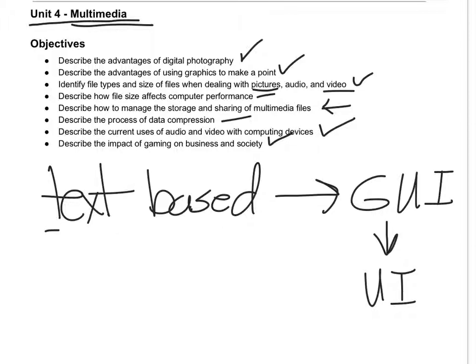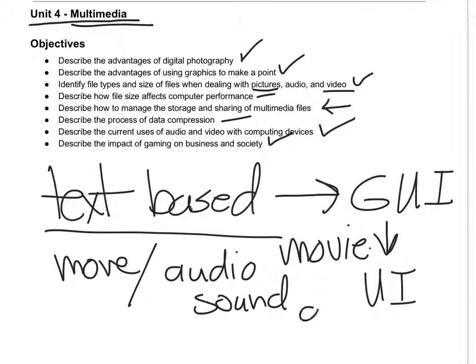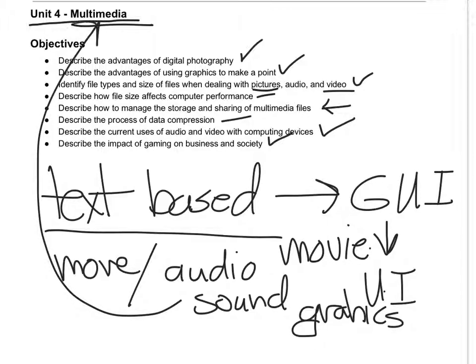And then we were able to include into this, first we were able to move the text, and then we got to where we were able to use audio with the computer in terms of sound, and of course then movies and all kinds of graphics. So we have all kinds of media that we use.